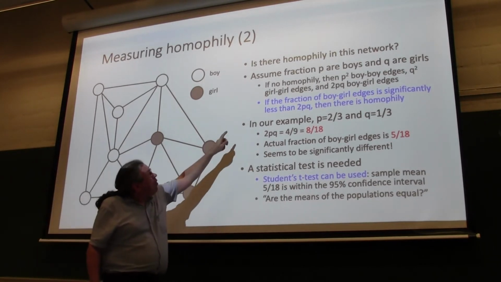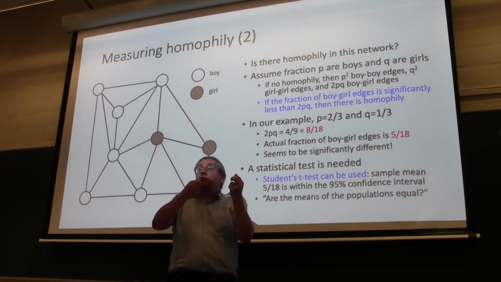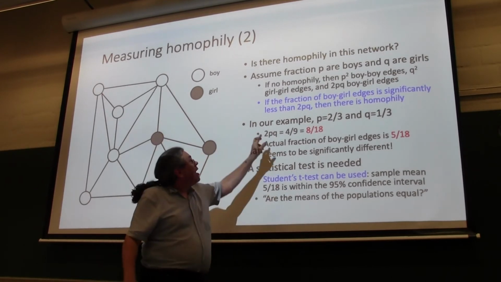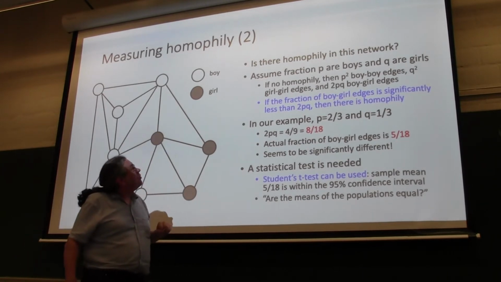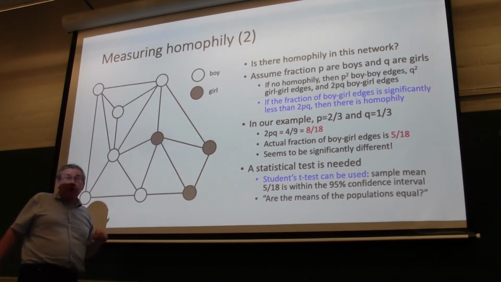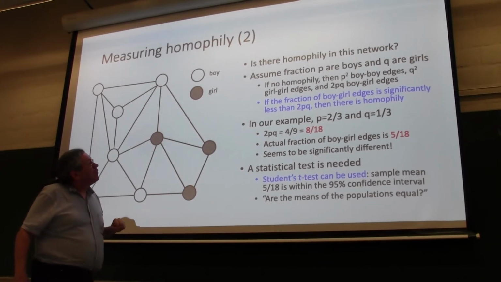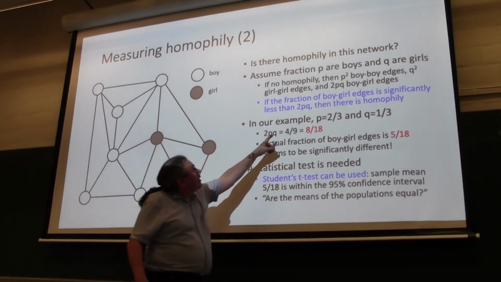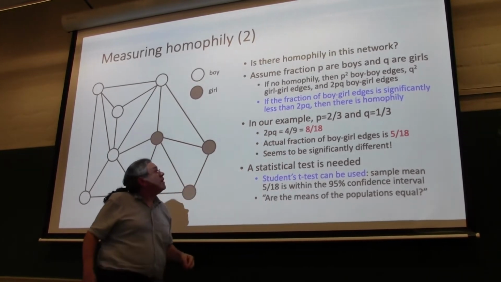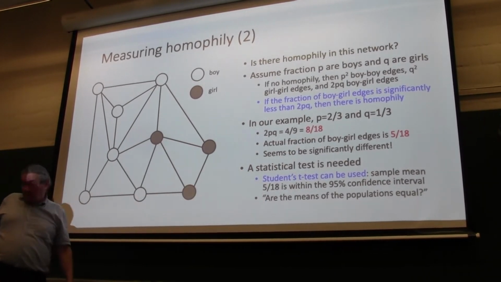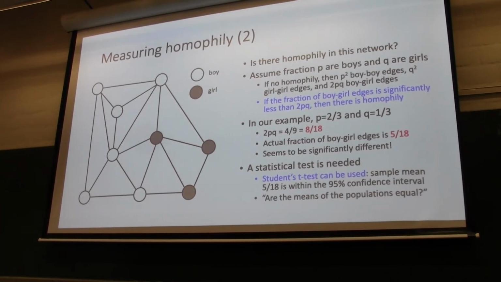If there were no homophily, then the edges would be completely random, and you would have p squared boy edges, q squared girl edges, and 2 times p times q boy-girl edges. So we look at the boy-girl edges. If they are significantly less than 2pq, then we can be sure there is homophily.